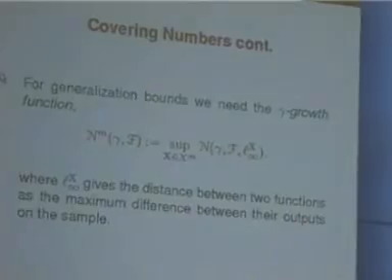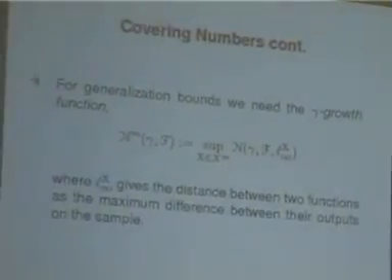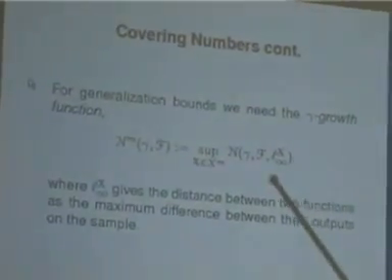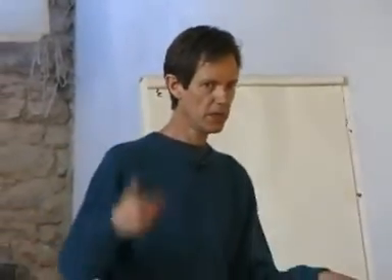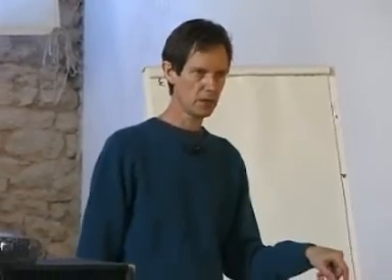So that's the thing we're interested in, and we are interested in how bad this can be over choices of training sets. It's a bit like the growth function: we could think of it as defined in terms of a particular sample, but we are interested in the worst case, the highest number of functions that we could get over all choices.